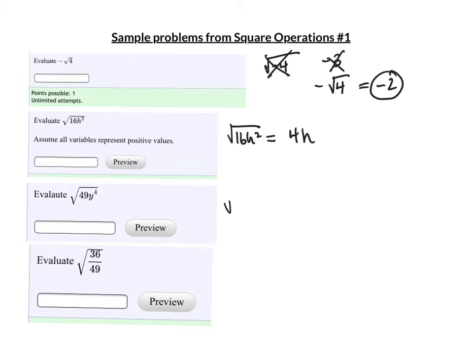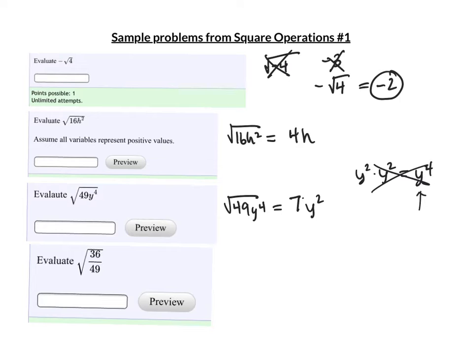On the next one, the square root of 49y to the fourth, the square root of 49 is 7, and a number times itself that makes y to the fourth is y squared. Remember, y squared times y squared, you add your powers, is y to the fourth.